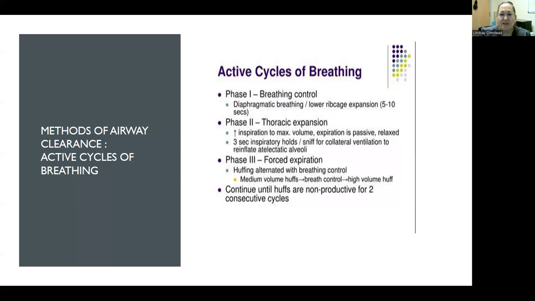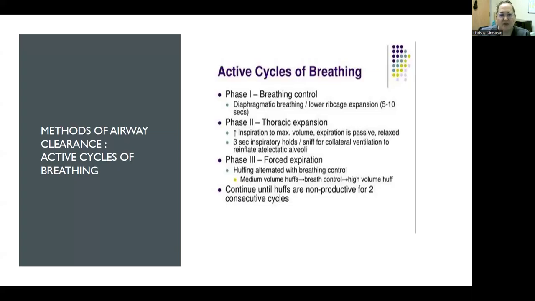This uses forced expiratory technique and collateral ventilation, which we're going to get to next. So it kind of breaks it down for you. So you're going to do your diaphragmatic breathing, try to get to that maximal inspiration, a little hold, do that sniff to activate that collateral ventilation. And then you're going to do your forced expiratory, like a huff, to force that air out.